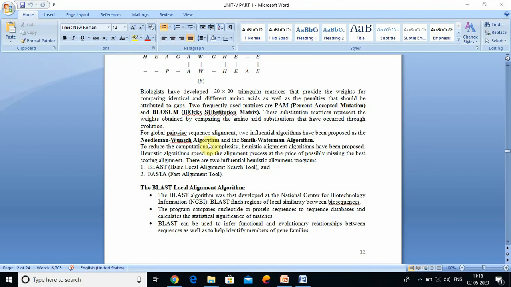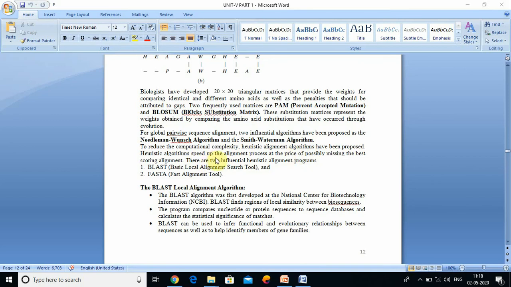For global pairwise sequence alignment, two influential algorithms have been proposed: the Needleman-Wunsch algorithm and the Smith-Waterman algorithm. To reduce the computational complexity, heuristic alignment algorithms have been proposed.